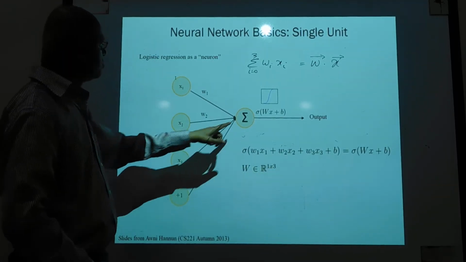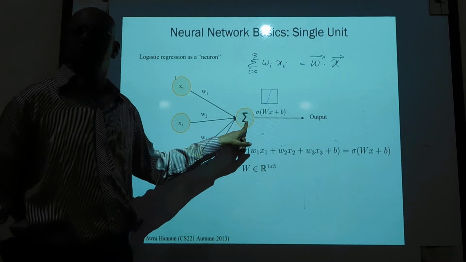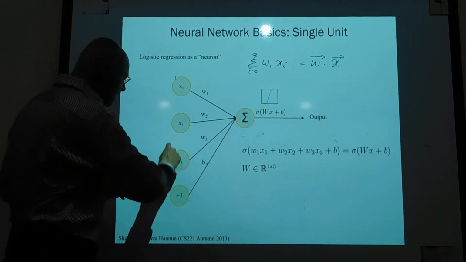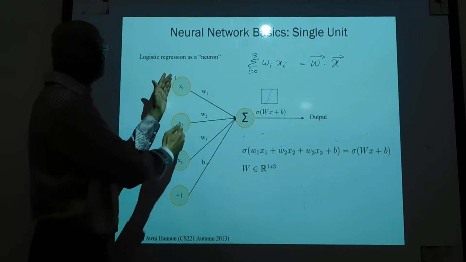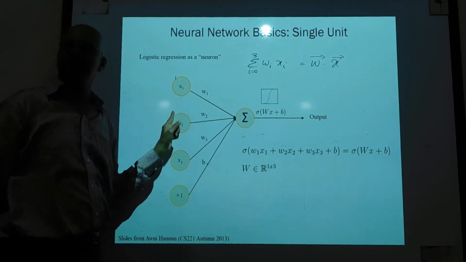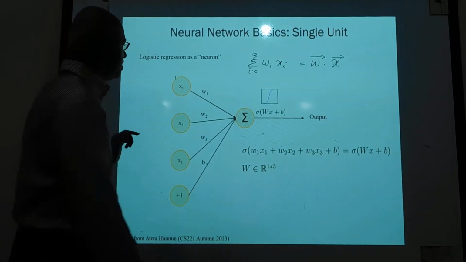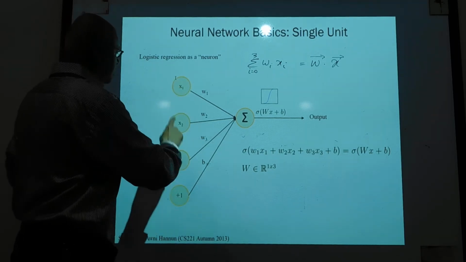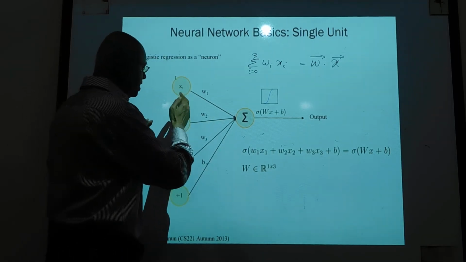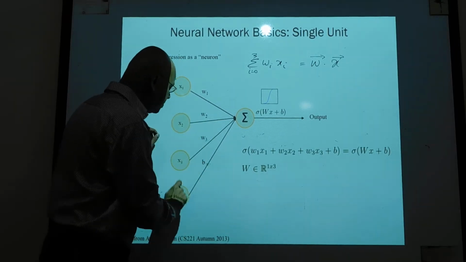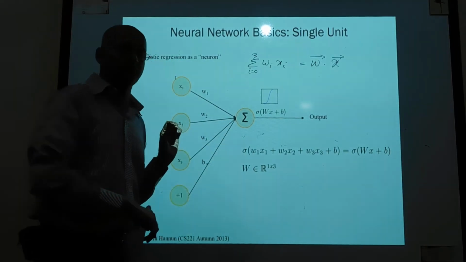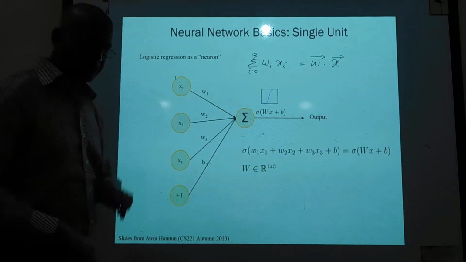All these 3 inputs feed to one neuron. So this collection of inputs is called an input layer. Graphically they are denoted one below the other. Why are they called one layer? Not because they are arranged graphically here, but because all of them feed into the same neuron. This is one neuron.